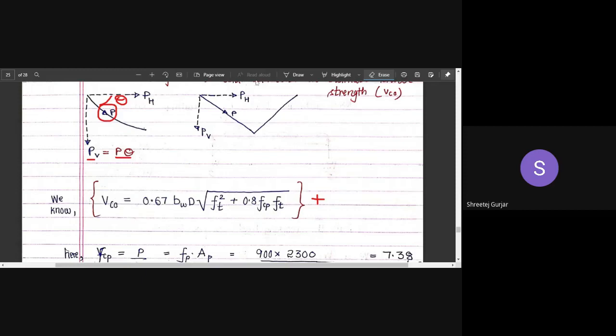If you have any doubts, please ask now. So VCO is equal to this particular thing plus P theta, this bracket plus P theta. Is it clear? Shall we move on to the second part?